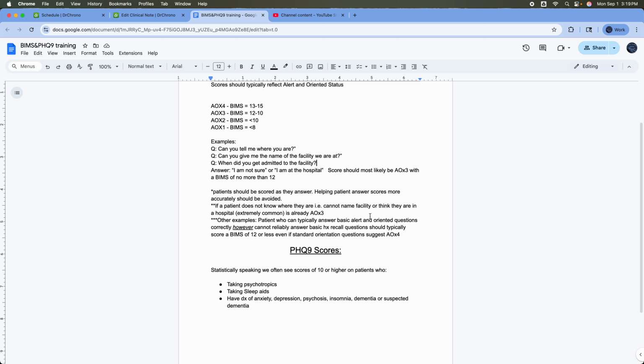It's not that big a deal, but take the entire assessment, take the entire patient into account when you're asking orientation questions. You initially have them as a 4, you initially have them at a 14 in the BIMS, but then as you ask more questions, you realize very quickly that this patient is diminished.